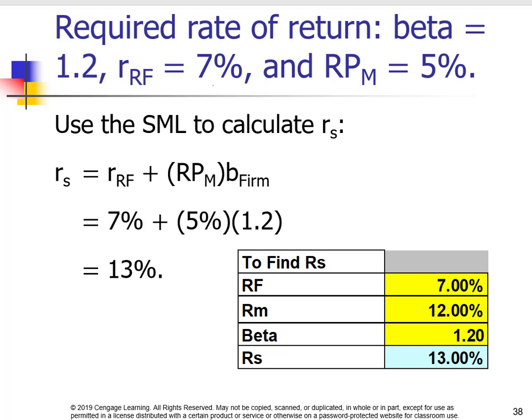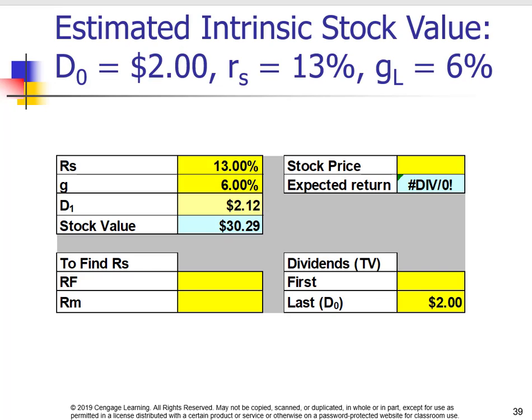So on the stock valuation dividend model worksheet, we can plug these numbers in. There's a place to find R sub S. So in this case, this stock would have a rate of return of 13%. So on that same worksheet, then, we can add the rest of the data that we know. $2 is the most recent dividend, D sub 0.